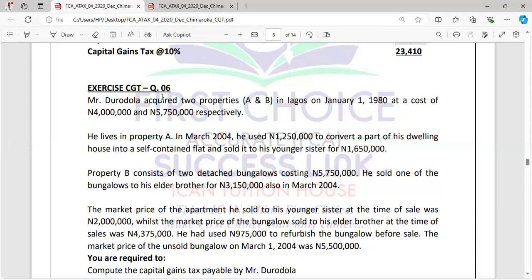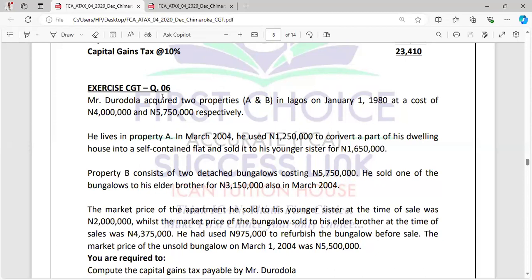Now, because that property B is for business purposes, what he sold to his elder brother is relevant and will be considered. Now, because elder brother was mentioned, you will need to check the market value of that property B. That's one of the bungalows. You need to check the market value if what was sold to the elder brother is equal to or higher than the market price.